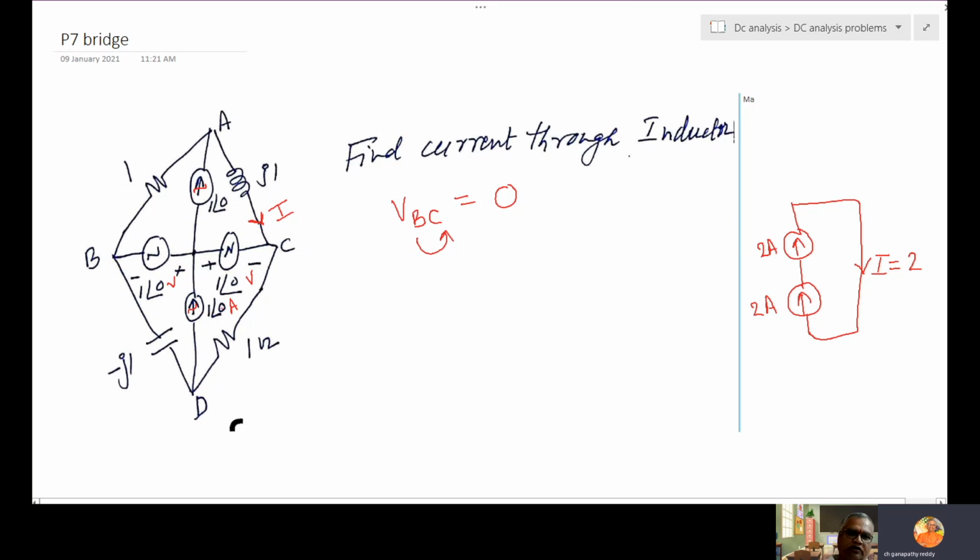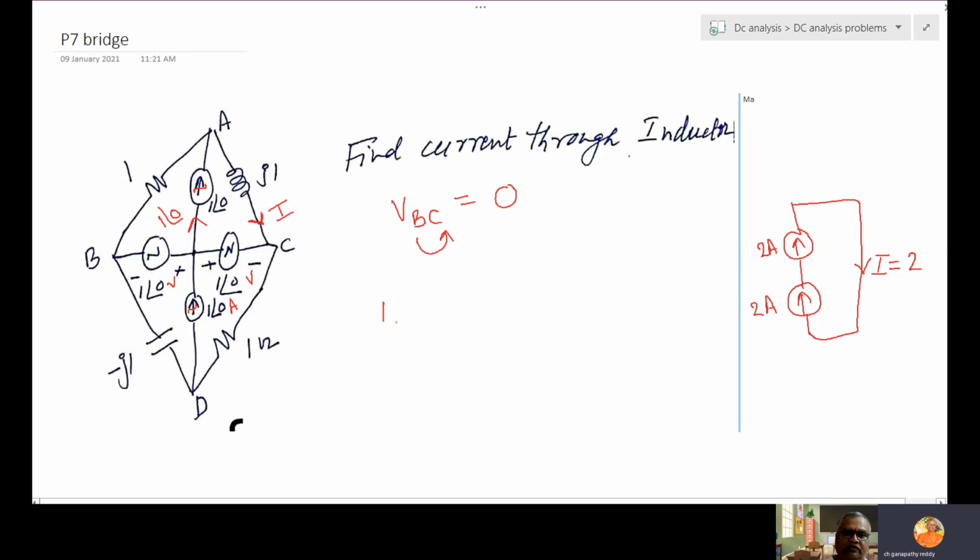What is the current here? 1 angle 0. What is the current going from D to A? 1 angle 0 only. And B and C are shorted. So definitely this 1 angle 0 divides between j1 and 1.